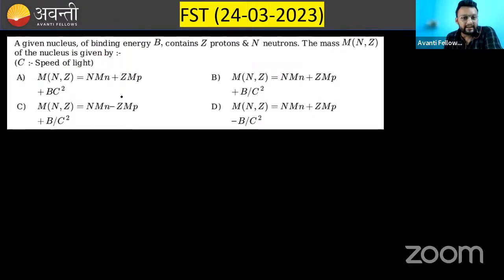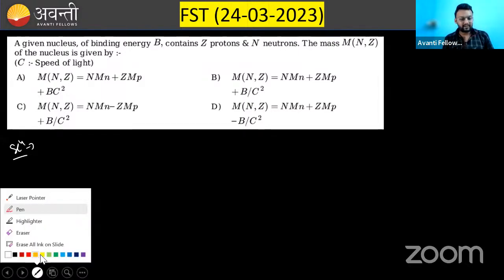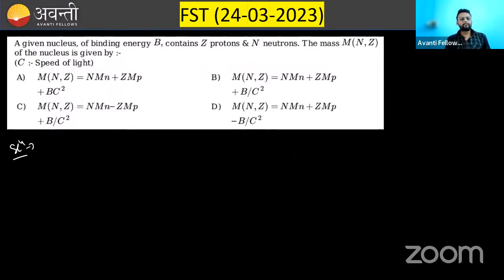Given nucleus of binding energy, this is a good question. I think you have studied it recently in your exam. You have given the board exam right now. So let me explain some binding energy concept here. Let's suppose this is a nucleus with some nucleons, protons and neutrons.